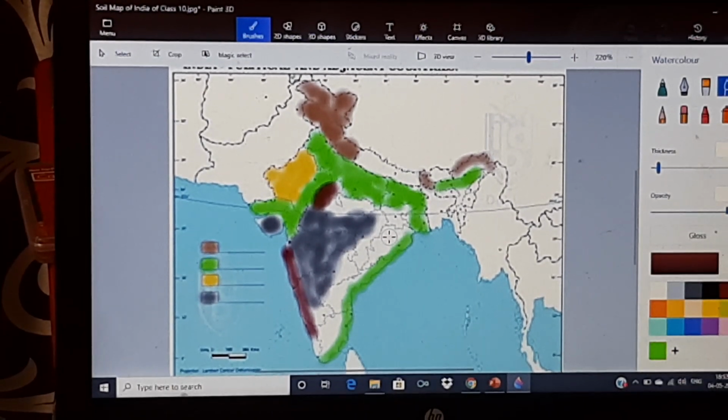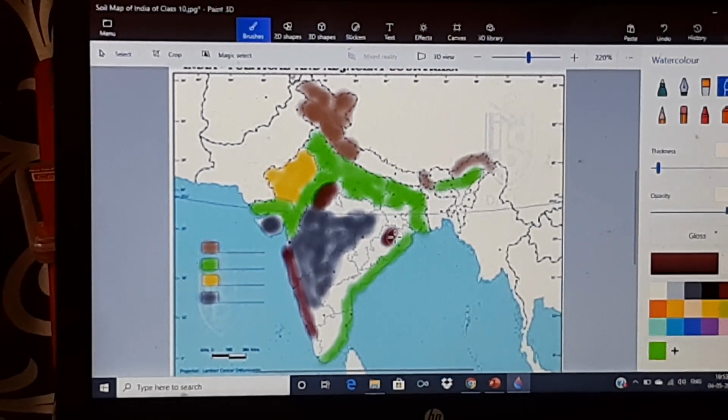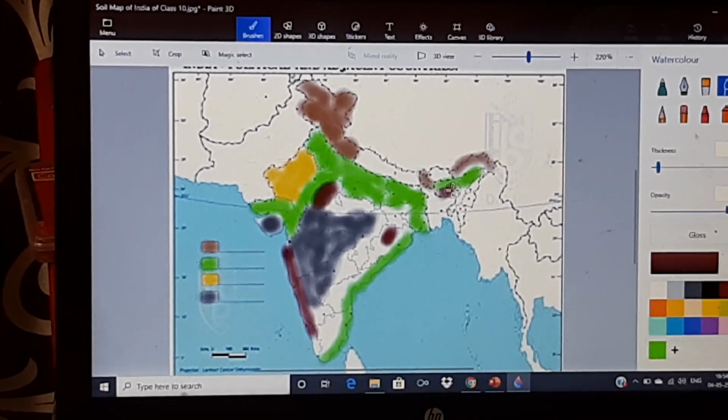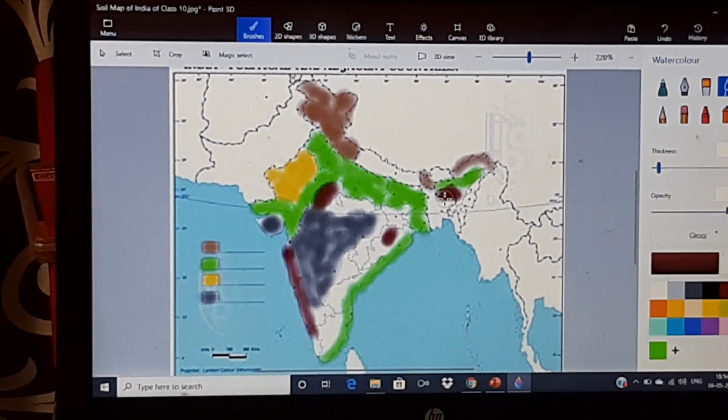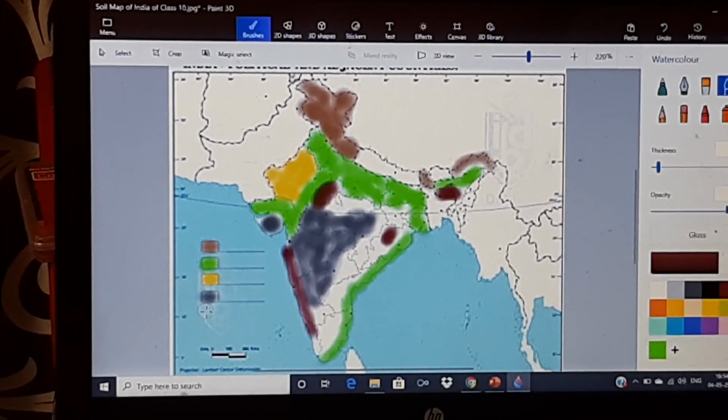Here the Odisha plateau where we are having a patch of laterite, and then this is the Meghalaya plateau where we are having a lateritic soil region. Now let me just plot the index, the lateritic part.